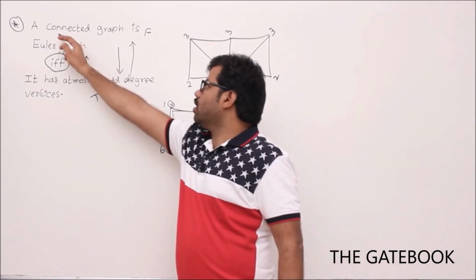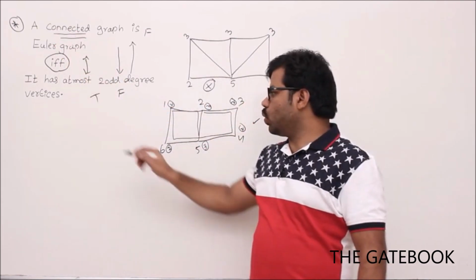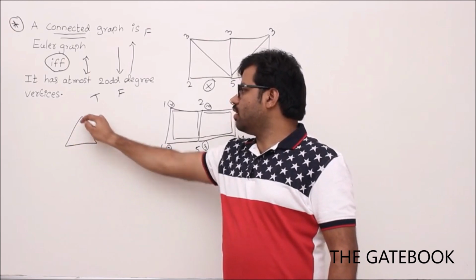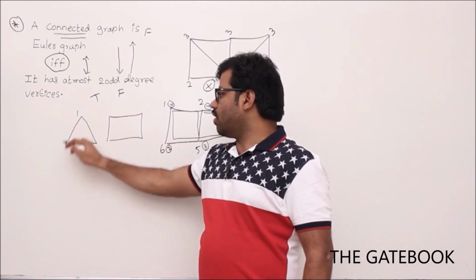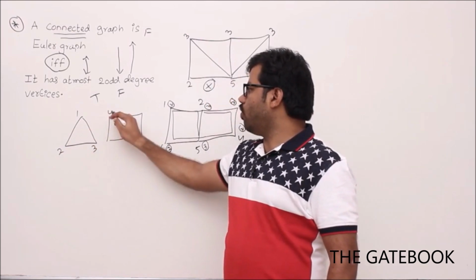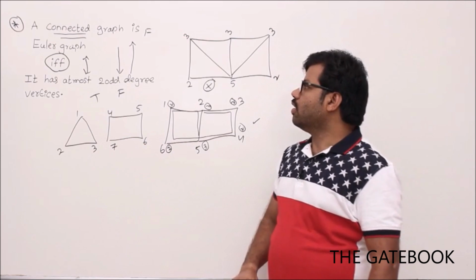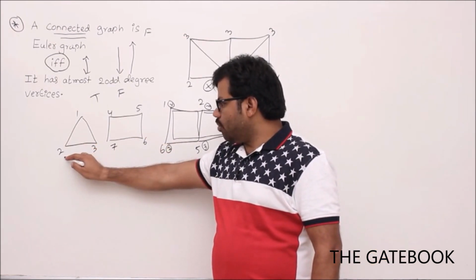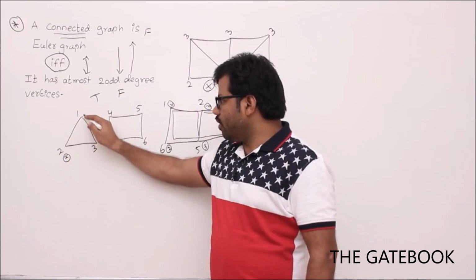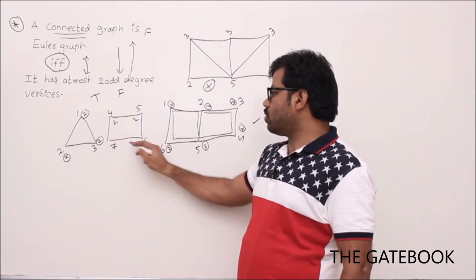But one more thing, the graph should be connected. If the graph is not connected, you can't have an Euler path. So that graph cannot be an Euler graph. Example, take this graph 1, 2, 3, 4, 5, 6, 7. Now, if you see the degree of every vertex, it will be even, right? Everywhere 2, 2, 2, 2, 2, 2, 2, all 2's.